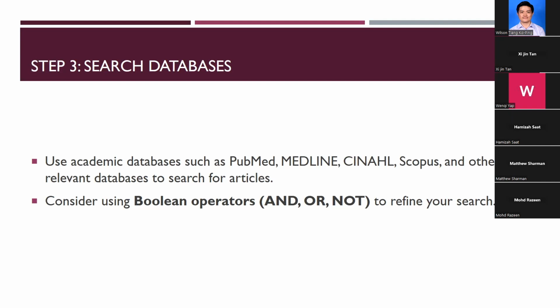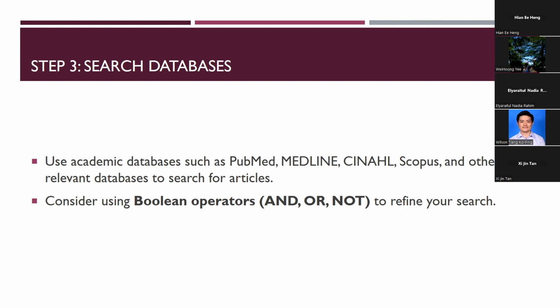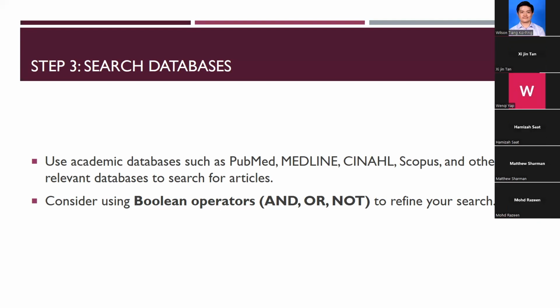Sometimes you are looking at surgery, and some databases have more papers on surgery, for example. So we want to explore, not only focusing on one particular database. Of course it's good to have 2 to 3 other databases to search.